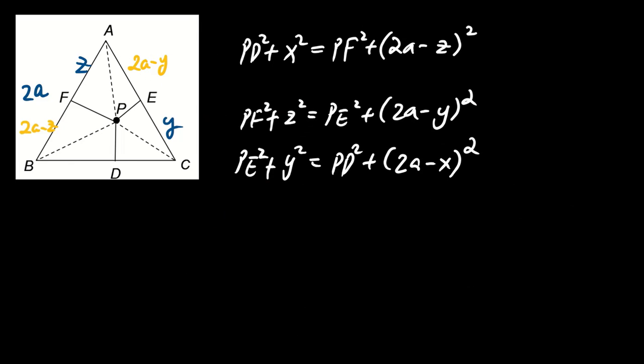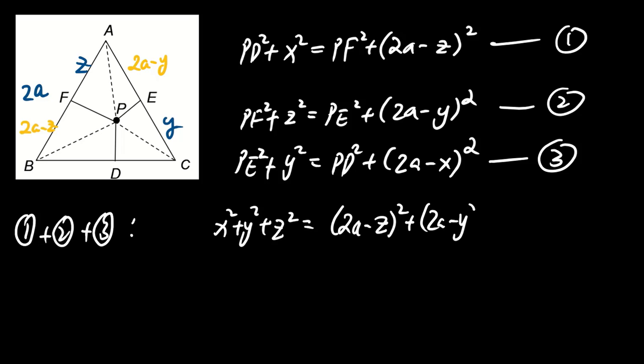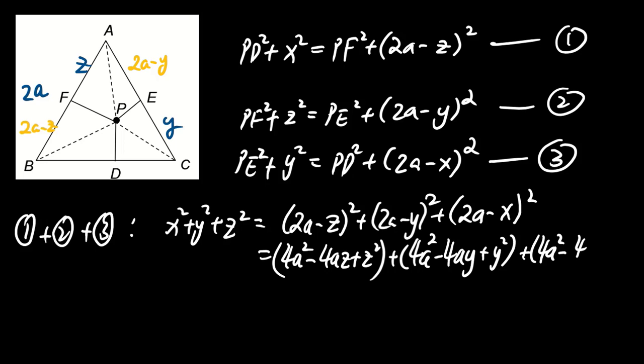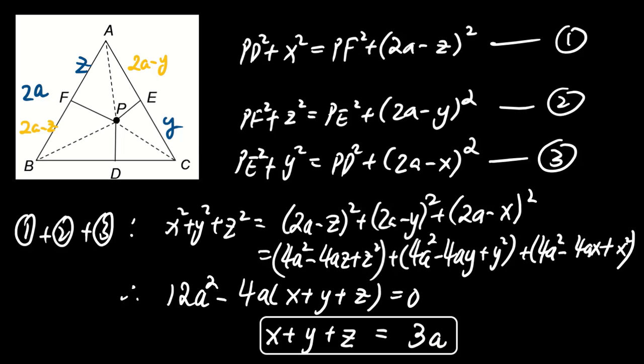That's equation 3. Now add all three equations. We get, after simplifying both sides and canceling, 12a squared minus 4a times the quantity x plus y plus z equals 0. So once again, x plus y plus z equals 3a.